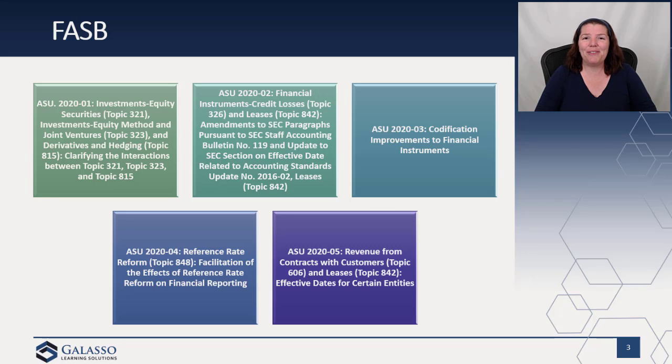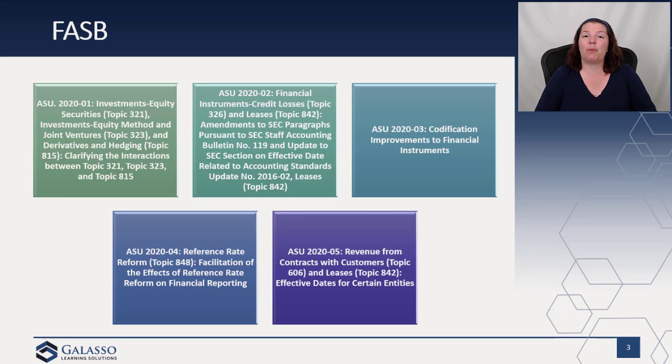ASU 2020-05 was probably a hot topic this year, delaying the effective date of both leases and revenue recognition for private entities. So revenue recognition does delay ASU 2014-09 another year to our December 2020 year ends for those entities who originally just couldn't get it done due to COVID, and also extends leases for both nonprofits that have conduit debt, as well as all other non-public entities, including nonprofits without conduit debt.